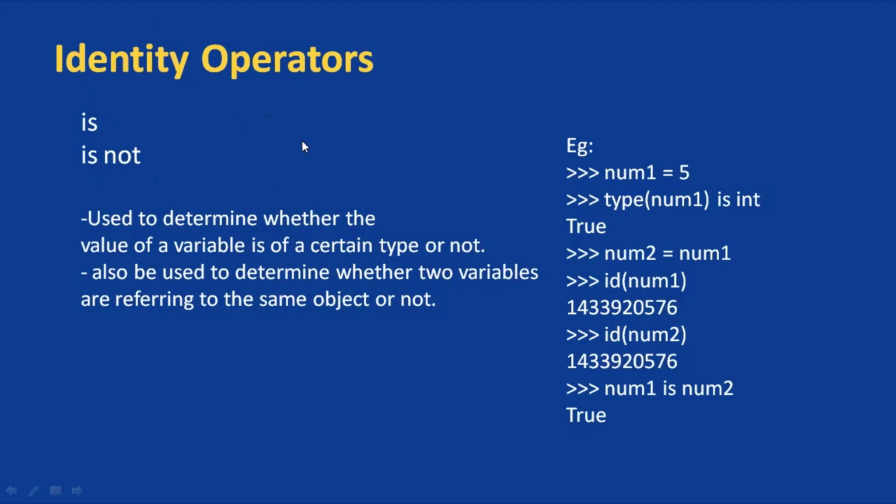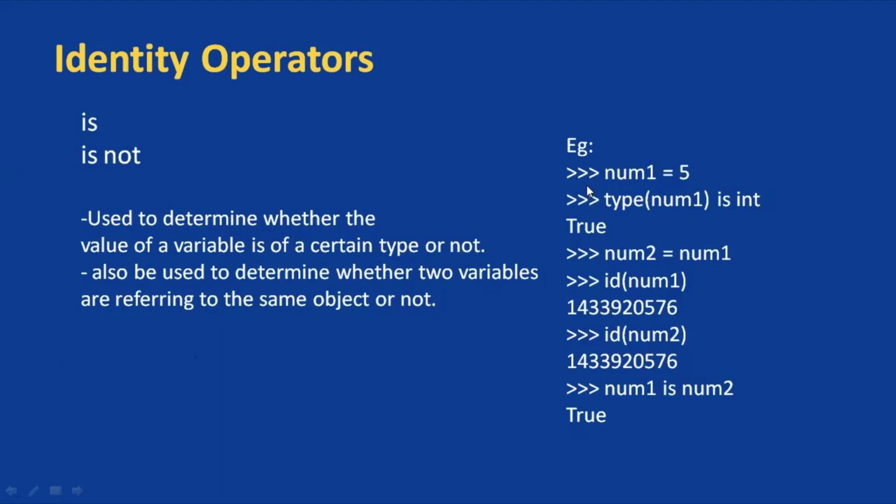We have learned data types: integer, number, boolean, etc. Okay. And one more purpose it has: it is used to determine whether two variables are referring to the same object or not. Okay, same object or not.